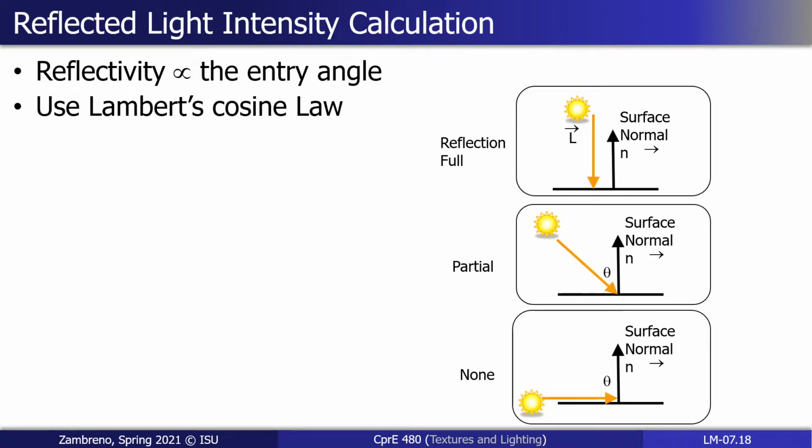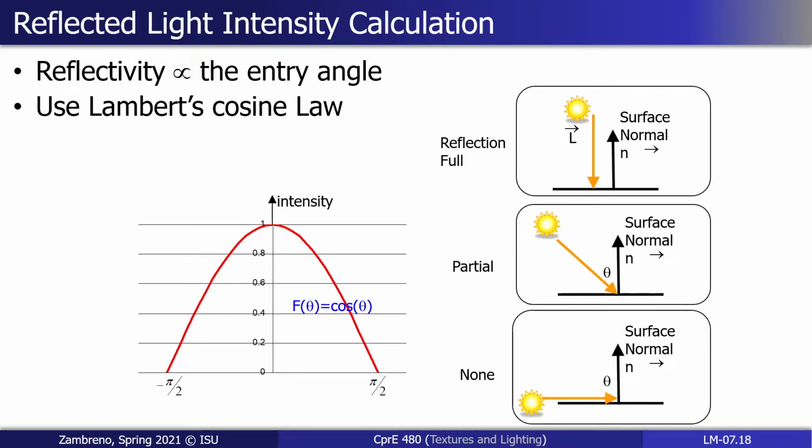We were talking about the three components, and the first one was the diffuse component of our Phong shading model, which is just general brightness of the object based on that interaction between the normal and the light point source direction, such that if it is perpendicular, you get a full reflection.